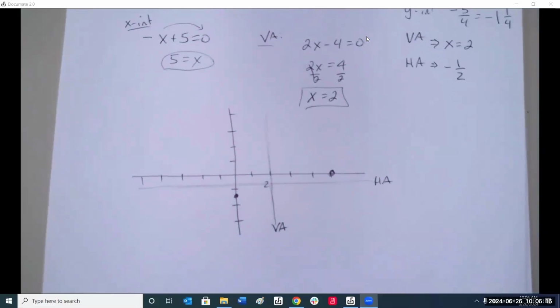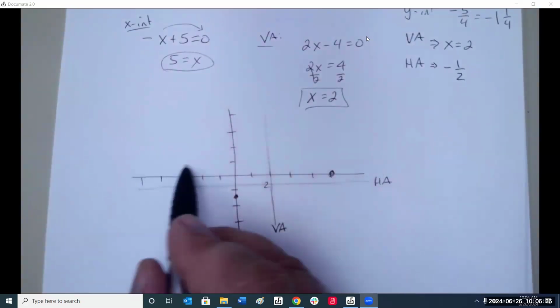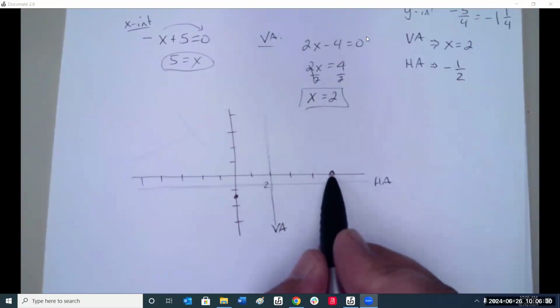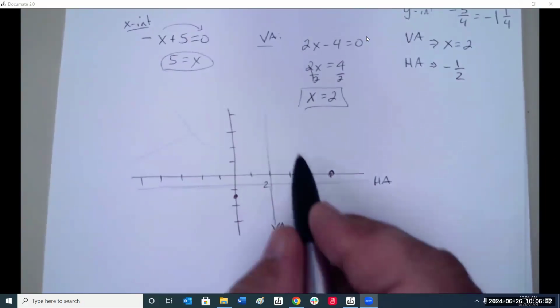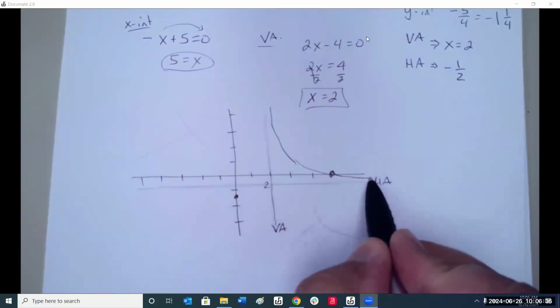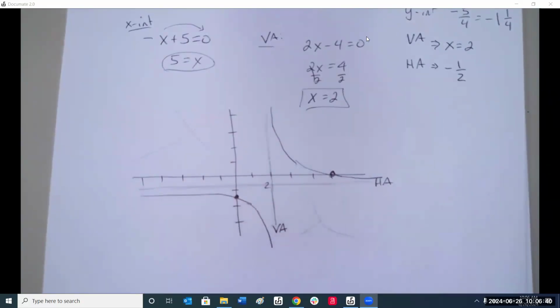So we can see what the graph's going to look like already. Because there are no more x-intercepts, it cannot be up here. It's got an x-intercept, so it can't be here. So it's going to look like this. That's our graph.